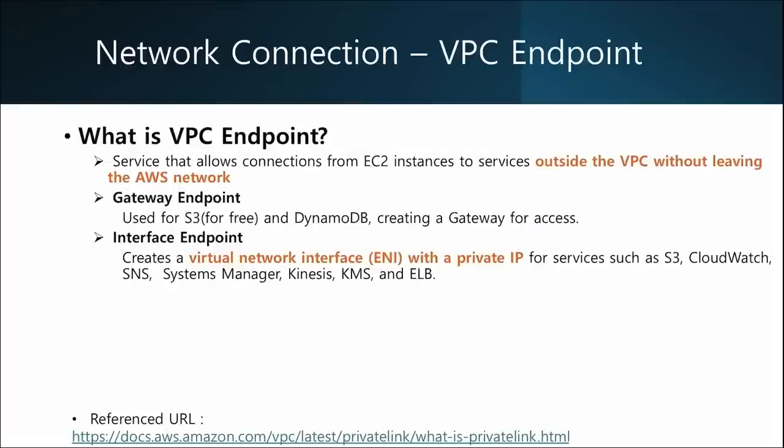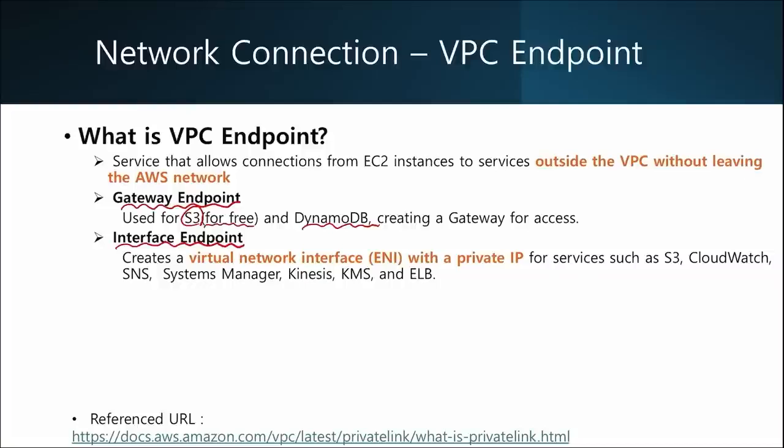Next is VPC endpoint. It would be very inefficient for services within AWS to connect to other AWS services via the internet. So, what you can set up is a VPC endpoint. VPC endpoints include gateway endpoints and interface endpoints. Gateway endpoints include S3 and DynamoDB. S3's gateway endpoint is free.